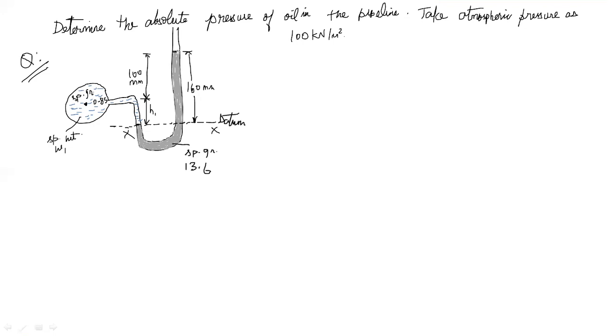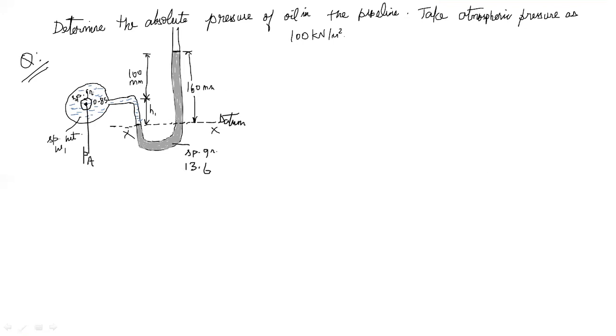Now, I could have taken a datum here also, but in this case, the quantity that I have to find out, that is the pressure at this point in the pipeline, say pressure at A, I wouldn't have been able to determine. So I'll be taking this datum so that conveniently my pressure at A is included in my analysis.